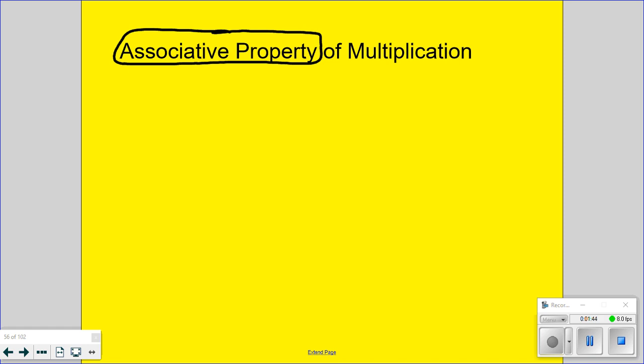You actually learned to do this with addition. No one just told you that's what it was called. But you do this with addition all the time. This is where you can group any factors.